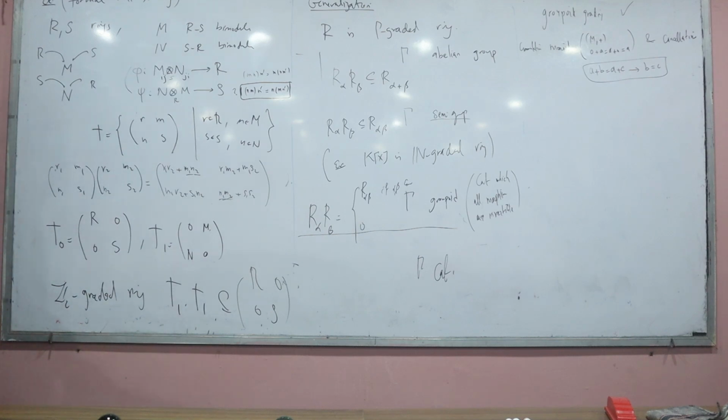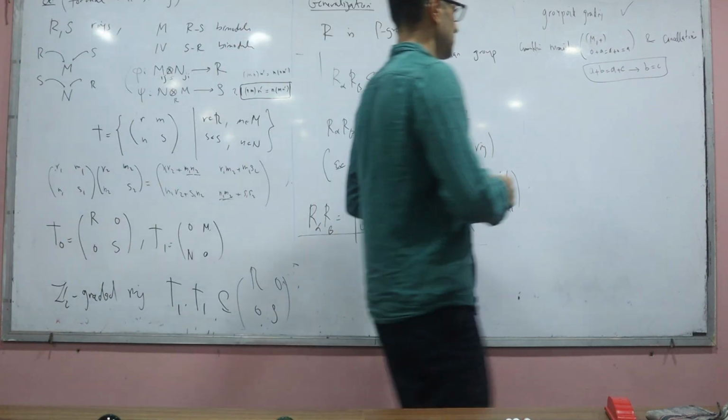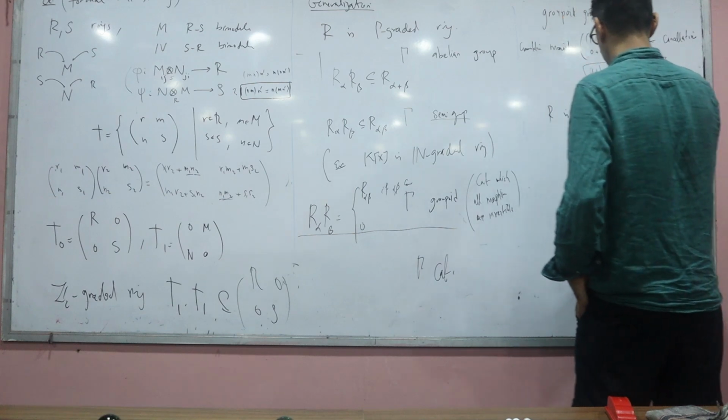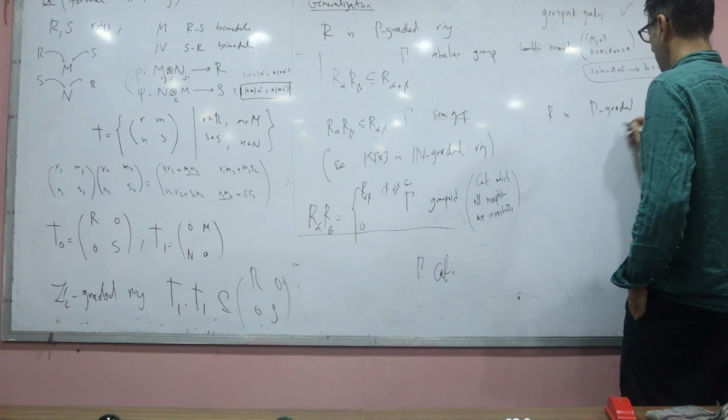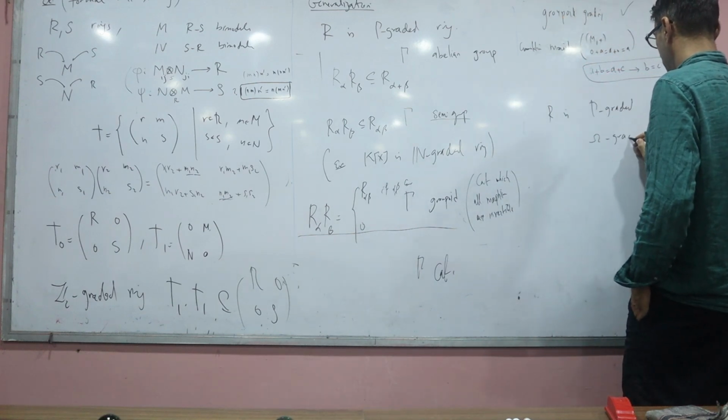Also, if there are two graded rings graded by two abelian groups, can we naturally extend it to the direct sum or tensor? Okay, then. So R is gamma graded, and two different gradings.